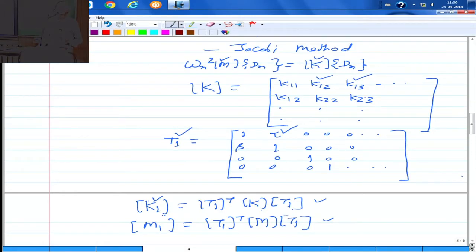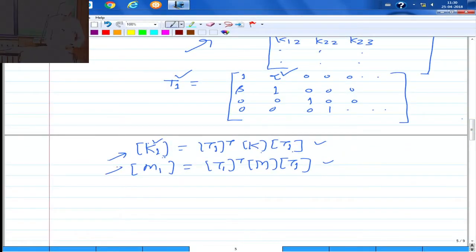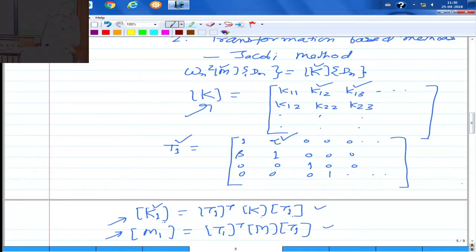Then you similarly take another transformation matrix and make K13 0. Now you will not be working with the original K or M matrices, but subsequently with the new K1 and M1 matrices. So now we construct another transformation matrix T2, wherein you want to make K13 0, so you will have an entry alpha for first row third column, and similarly beta in first column third row, and the rest are basically unity along the main diagonal.